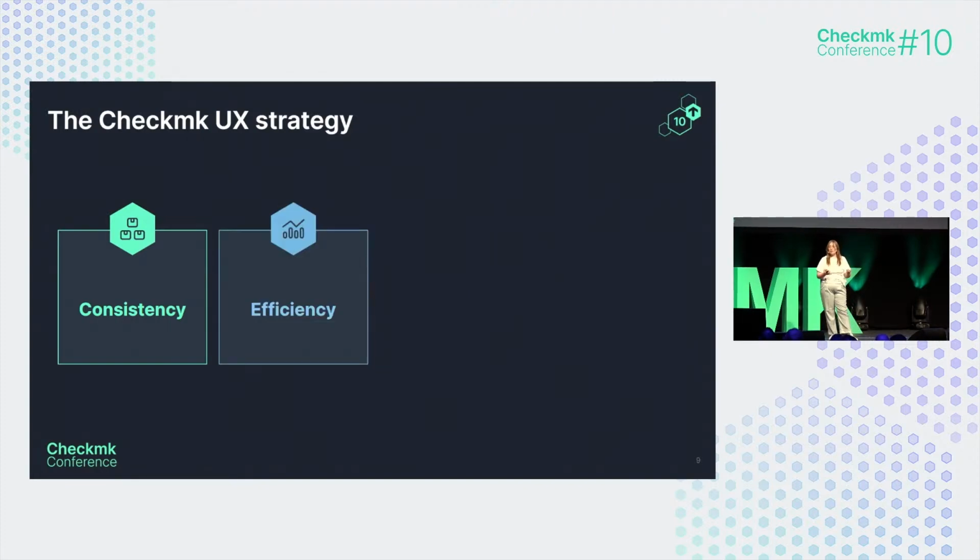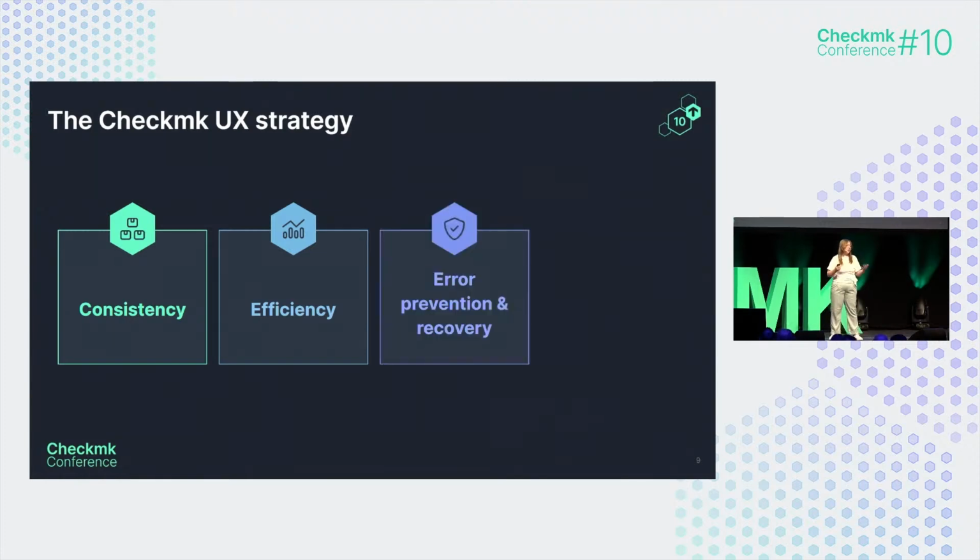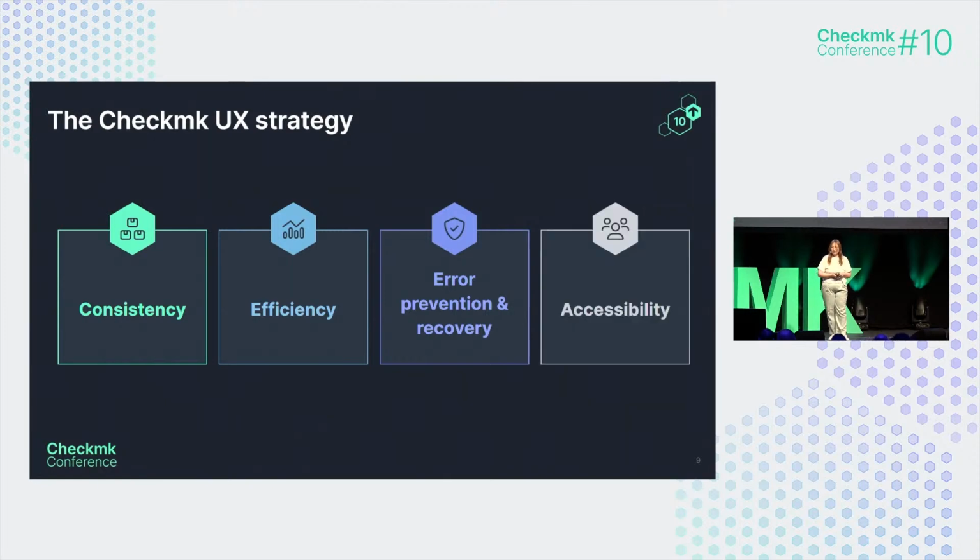Second, efficiency. We want to make things swift so that your tasks are a breeze. Third, error prevention and recovery. Very important. We want to make things foolproof so that you can stay on track even when things go wrong. And the fourth one is accessibility. We want to make things inclusive so that every IT pro can excel. Those 4 pillars lay the foundation for our UX strategy.